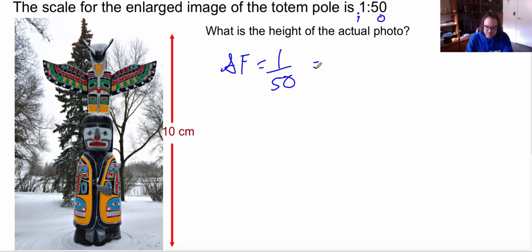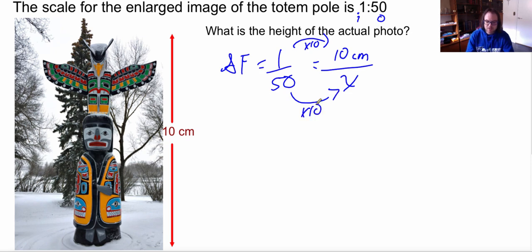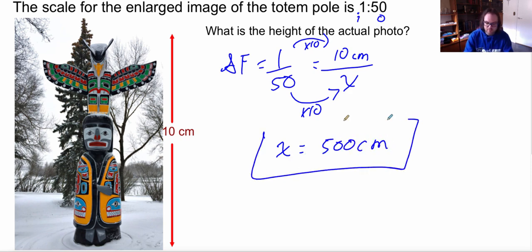You know it's 10 centimeters, so my top is 10 centimeters, and we want to figure out what is my bottom. So once again, I multiply this by 10. I'm going to multiply this by 10. When it's just 1 to get to something, it's a lot easier just to multiply and use our proportional reasoning. So I'm going to end up getting x is equal to 500 centimeters, or 5 meters.